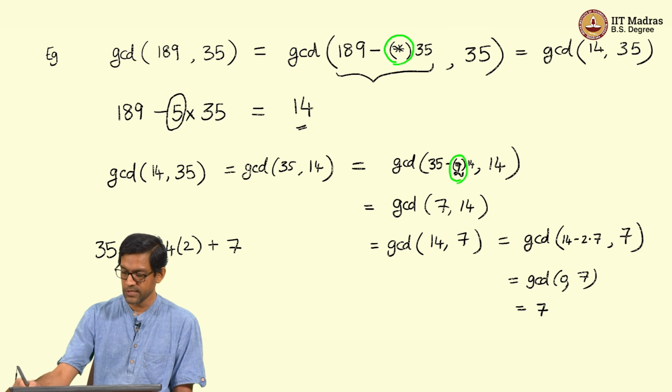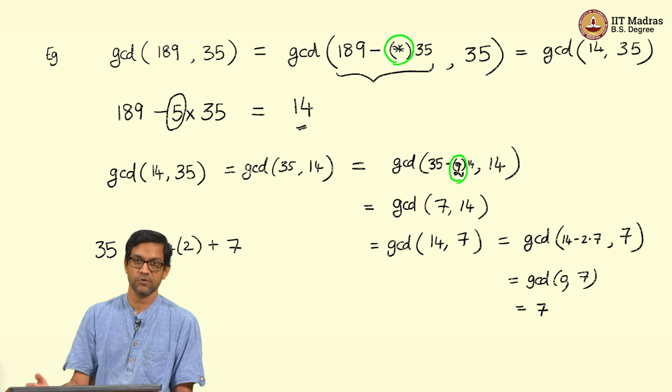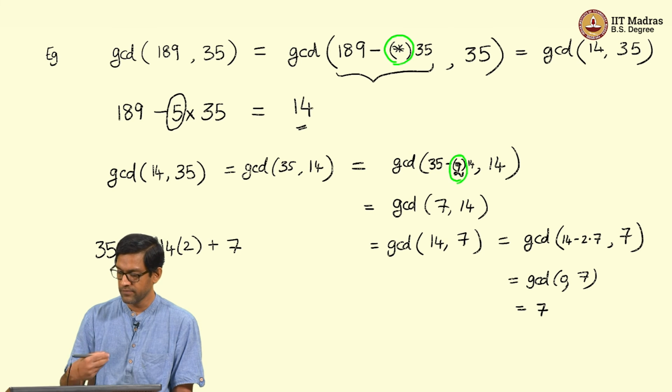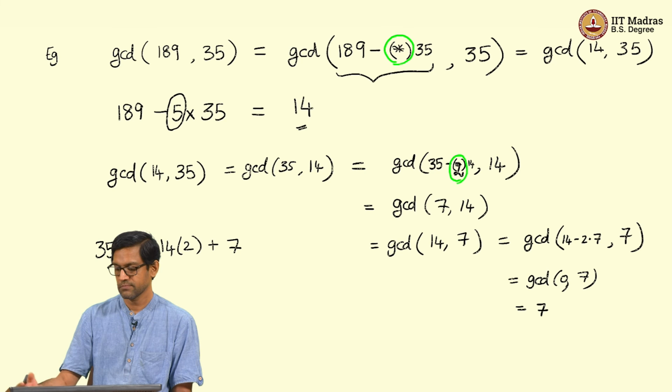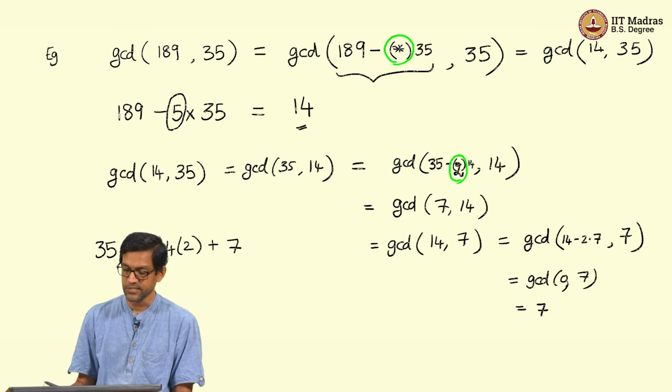Why? Because every number is a divisor of 0, right? That was one of the things that we observed earlier, that every integer is a divisor of 0. And 7 is a prime, so it only has plus minus 1 and plus minus 7 as its divisors. So, the only common divisors are plus minus 1 and plus minus 7, and the largest among them is 7.